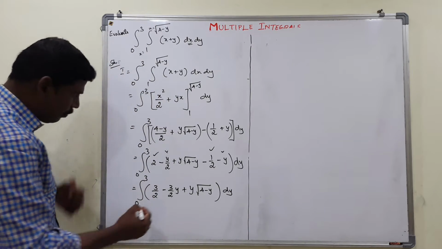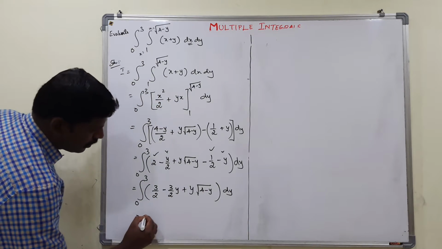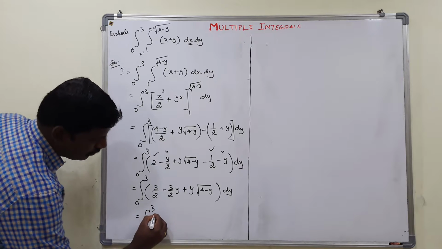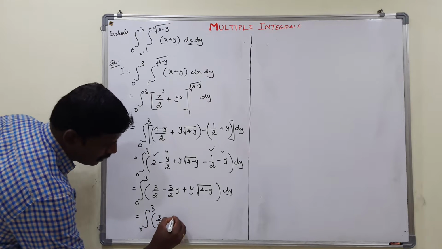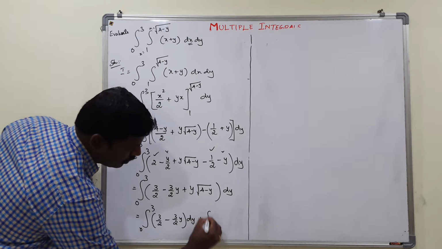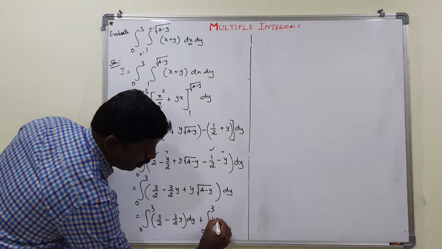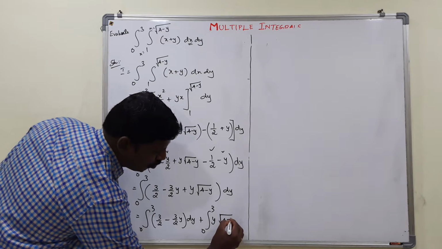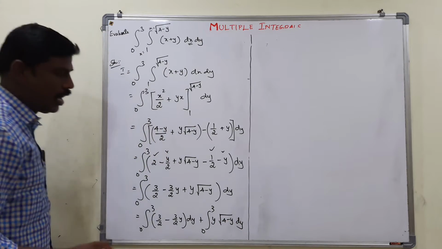Right? So we can separate into two integrals. Integral 0 to 3, 3 by 2 minus 3 by 2 y as one integral, plus integral 0 to 3 y into root of 4 minus y into dy as another integral.